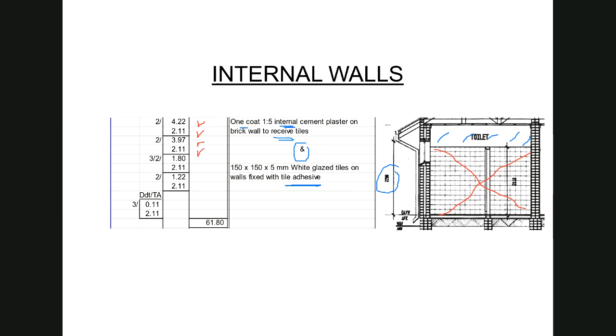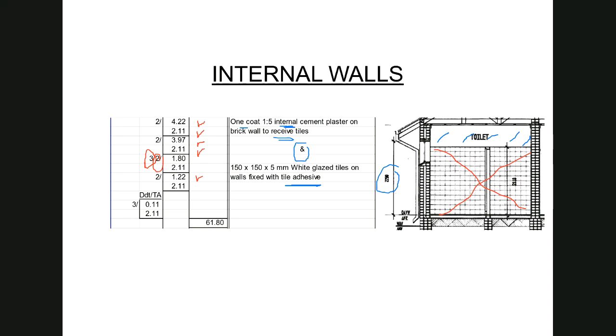And then I have the cubicle walls, the 1.8, and there are 3 of them, and I want to plaster on either side of them, so that's times 3 times 2. And then the internal wall of the detail 3's wall, the 1.22 times 2.